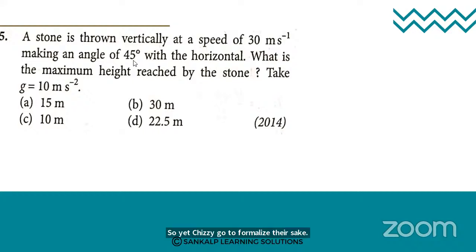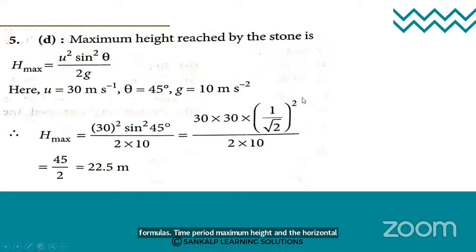In this lesson we come across three formulas: time period, maximum height, and the horizontal range. The maximum height is given by u square sine square theta divided by 2g. So u is equal to 30 meter per second, theta is 45 degree, and g is 10.